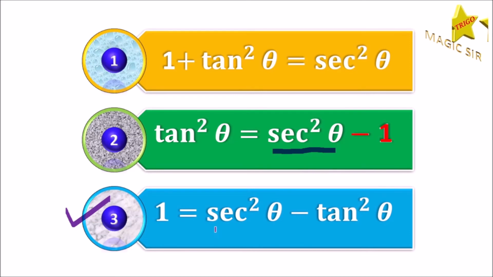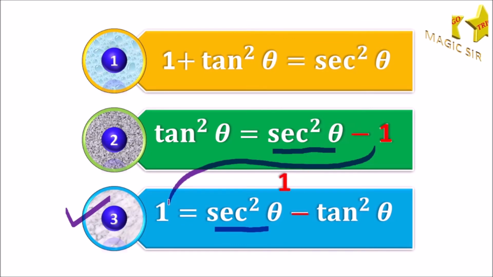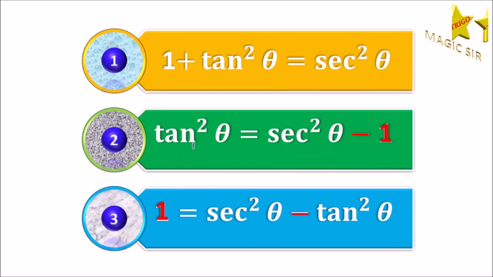Here sec square theta remains as it is. Let us change the side of 1 from right to left. So negative 1 changes to positive 1. Again, let us change the side of tan square theta from left to right.